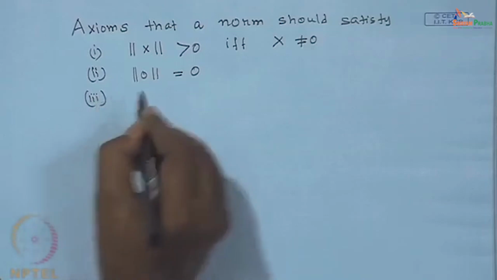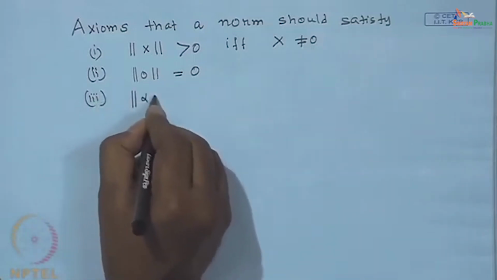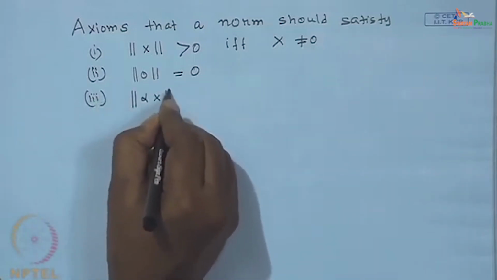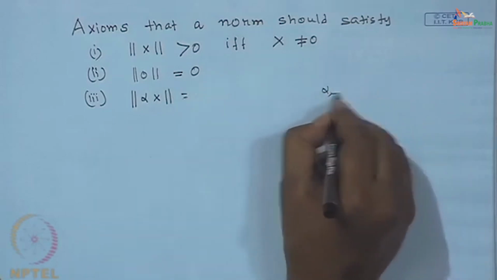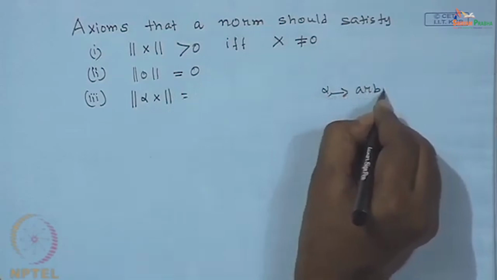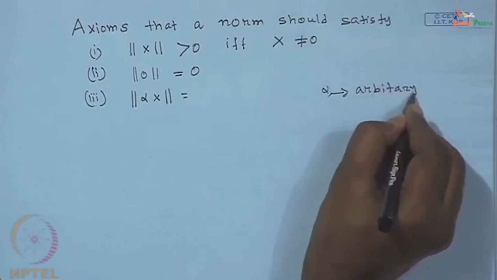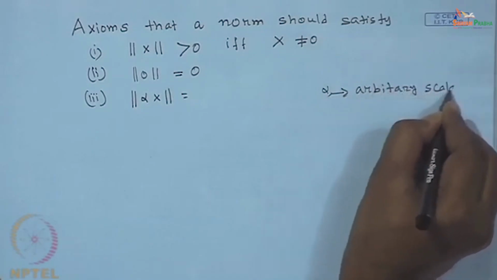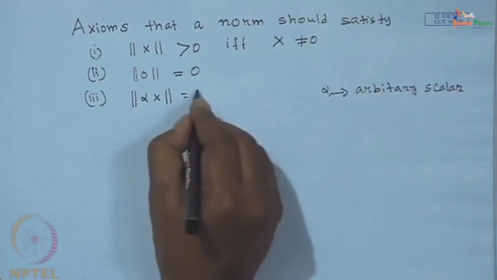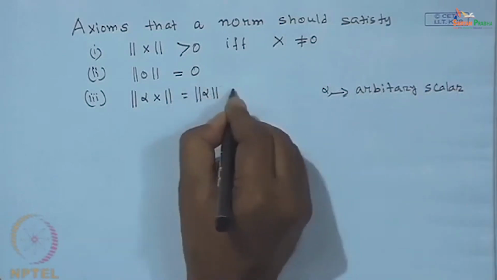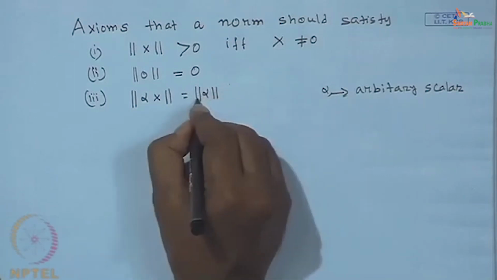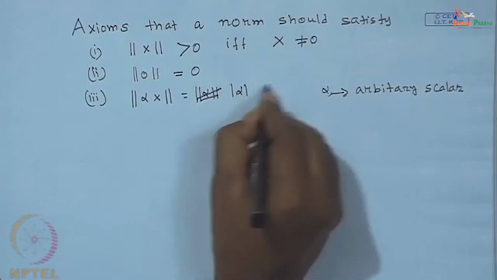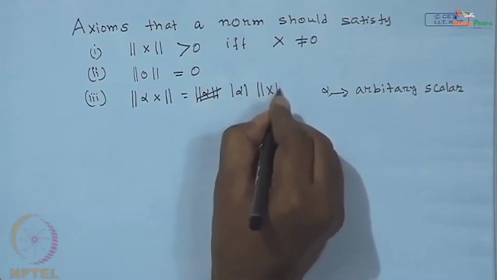The third one is that the norm of alpha x, where alpha is an arbitrary scalar, is nothing but the mod of alpha times the norm of x.